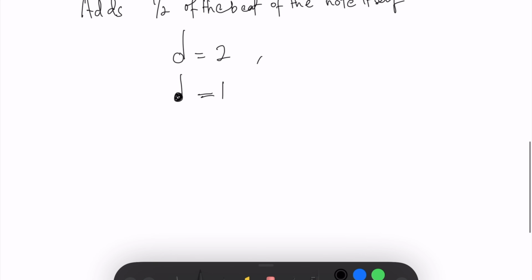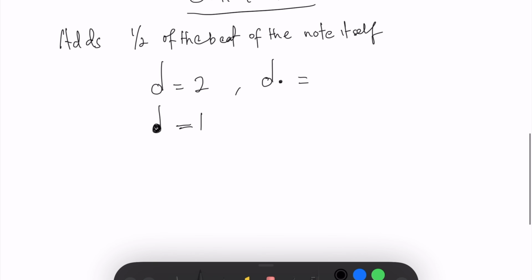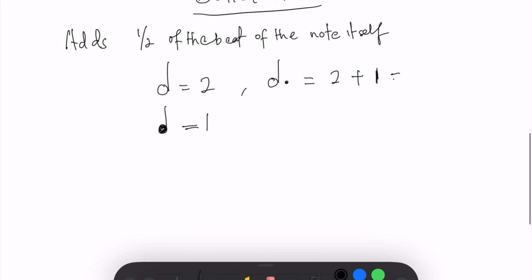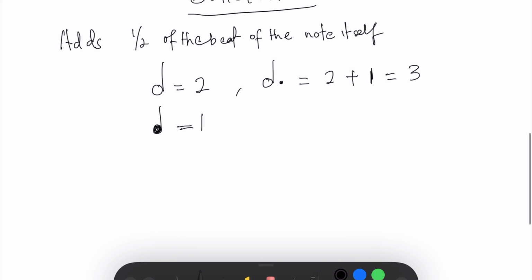And now, what would be a dotted minim? Like we said, it adds half of the beat of the note itself, which is 2, plus half of 2, which is 1. So half of 2 is 1, so that eventually everything will become 3. So a dotted minim is 3 beats.